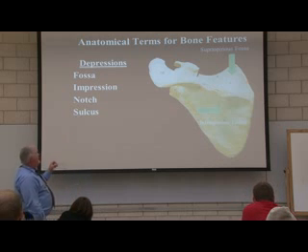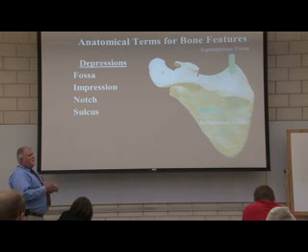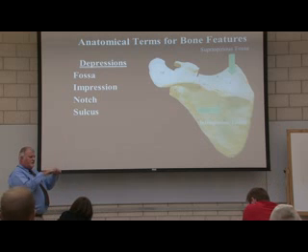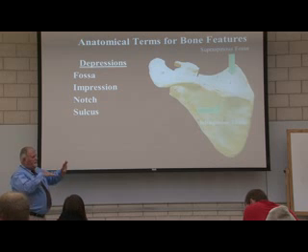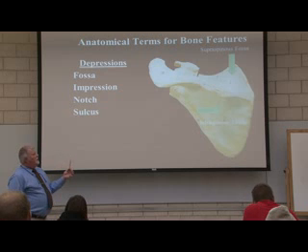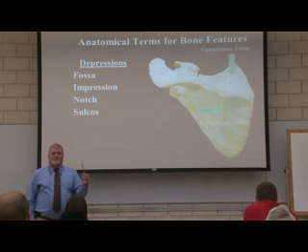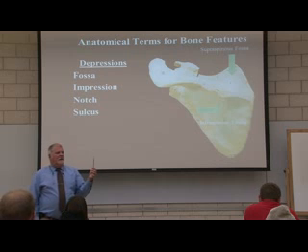Correct. All right. So depressions are places where there's a lower area in the bone, and the most general term we can use for a low area of bone is a fossa. A fossa literally is a depression.